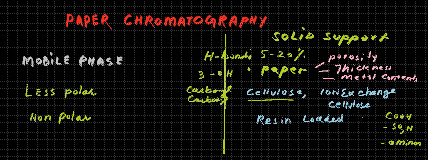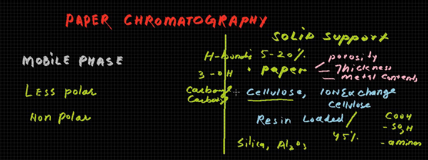Second option is to blend that paper with some ion exchanger materials, and these blends may be up to 45% of the ion exchanger, like silica or alumina, etc. They can also be blended with cellulose while making these papers, and we can say that these are the modified form of the paper, which in turn will not remain as solid support, rather they will have some mechanisms of separation involved there.